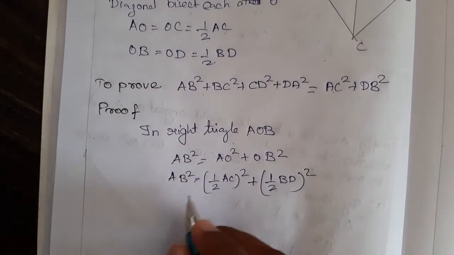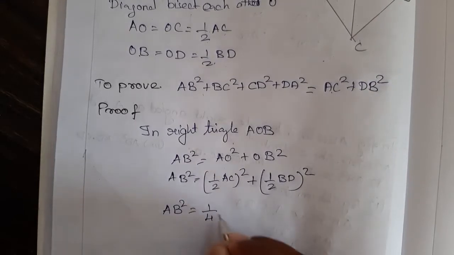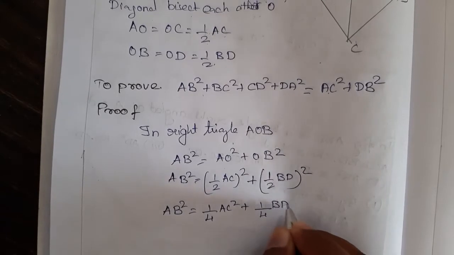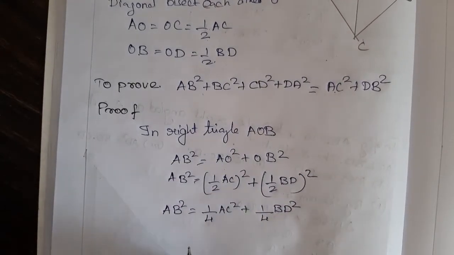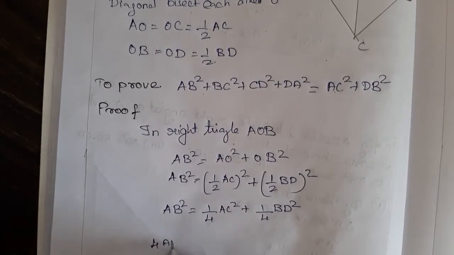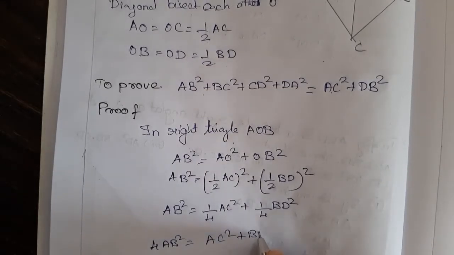So let me take the squares. We will get AB square is equal to 1 by 4 AC square plus 1 by 4 BD square. So the 4 is common, right? Let me take it to the right hand side. It will become a multiplication since it is in division. So 4 AB square is equal to AC square plus BD square.